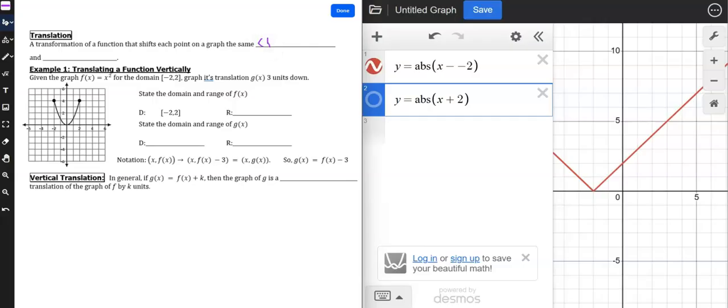Okay, I think this is going to be same amount. Let's see if I can get that just typed out. Amount, and, come on, direction.